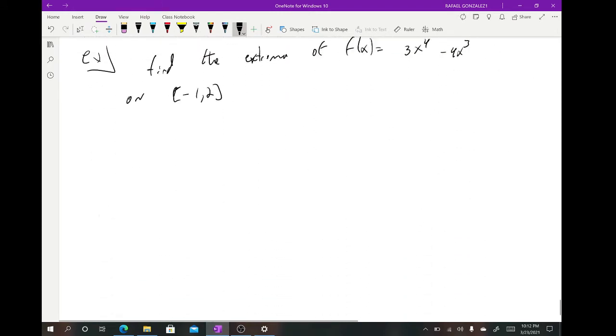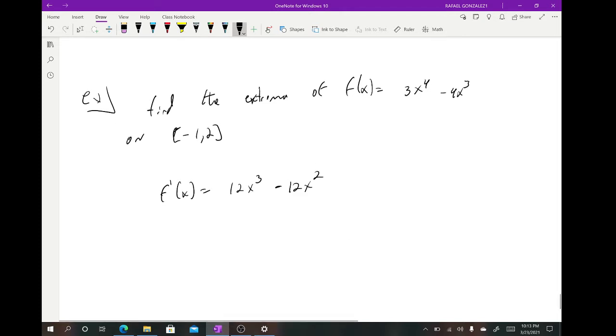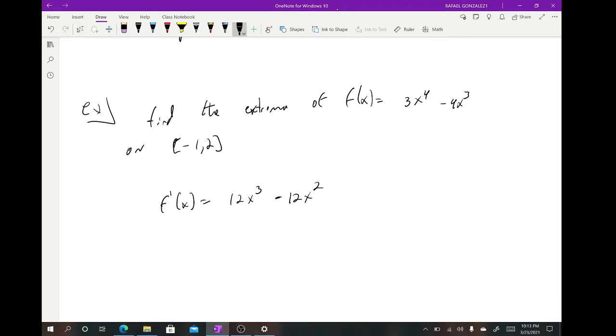So to find the critical numbers, we have to take the derivative. The derivative of 3x^4 is 12x^3, and the derivative of 4x^3 is 12x^2.